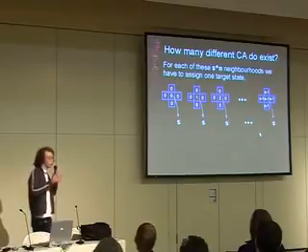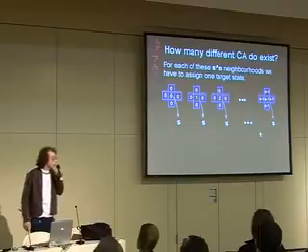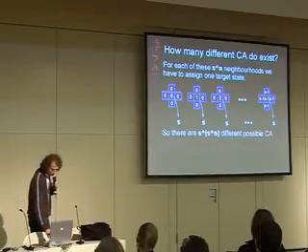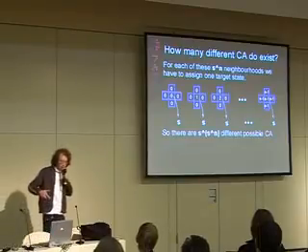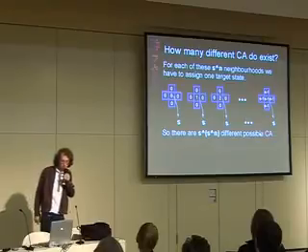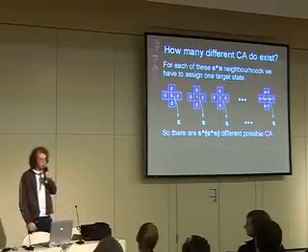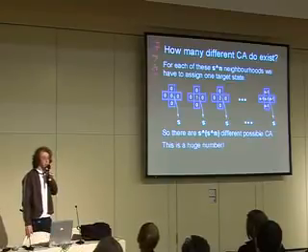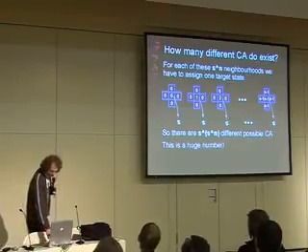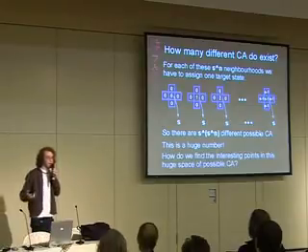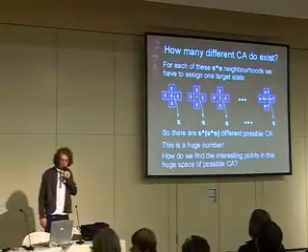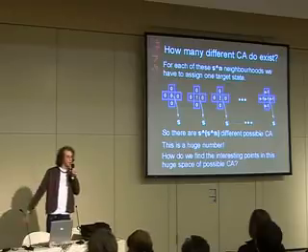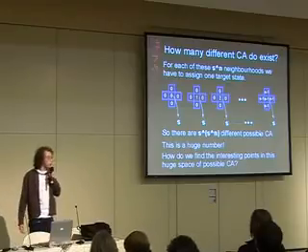So completely analogous to how we calculated the number of neighborhoods, there are S to the nth power different possible cellular automata. And this is a huge number. And the question is, how do we find the interesting cellular automata in this huge space of possible cellular automata?